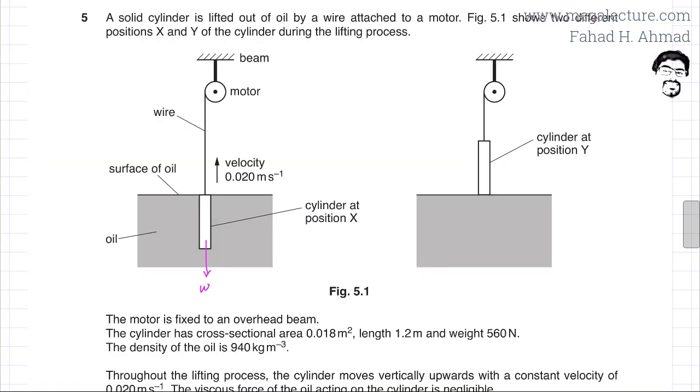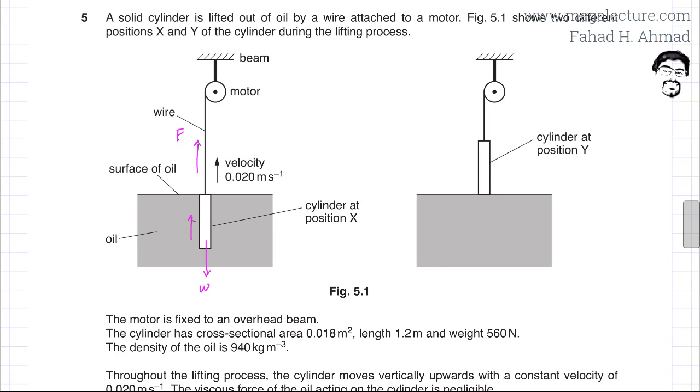This would be counteracted by the force. Remember, the motor is pulling this object upwards. So there's going to be tension in the wire, a force applied in the upward direction. Plus, there's going to be an additional force, the upthrust of the oil. The oil would also be pushing this piece of cylinder upwards.